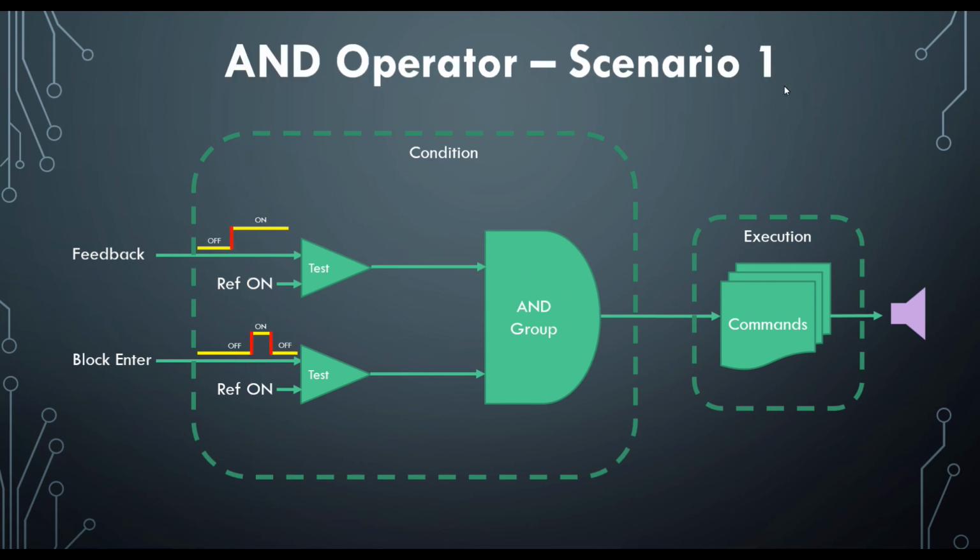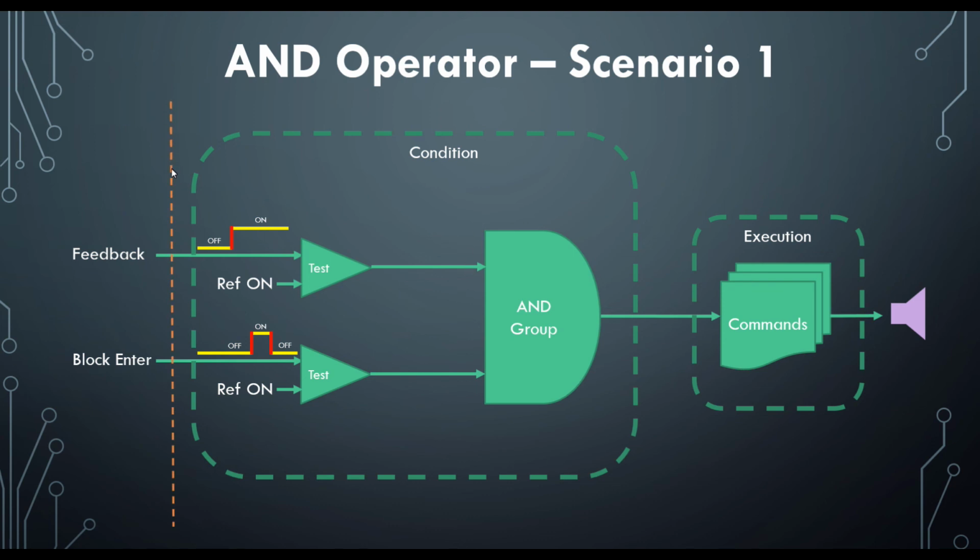This is scenario 1. Your task is to look at this setup and the waveforms that are coming into the condition and try and work out if the action will actually be executed when these waveforms come into the tests.